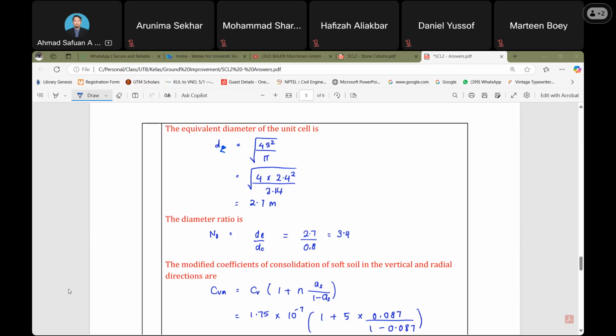ND, what is ND? This is the diameter ratio between the diameter of the influence zone DE and the column DC.